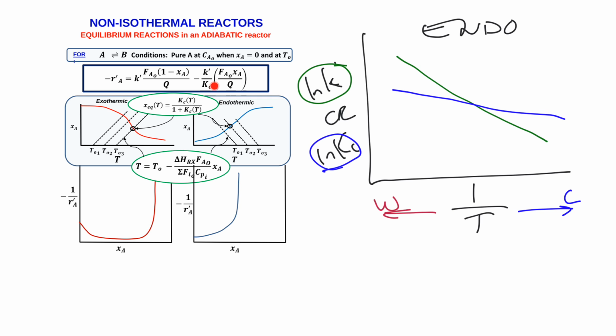However, the denominator here, my Kc, will also decrease with a decrease in temperature, meaning that the effect of temperature is not so significant on the reverse reaction. But all effects of temperature and concentration on the rate of an endothermic reversible reaction imply that the forward rate will continuously decrease as I increase the conversion. So I will not have this initial increase up to the maximum. I will only see a decrease up to this asymptotic point where my rate becomes 0.